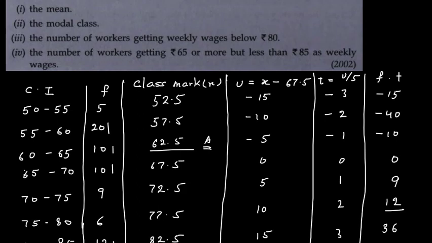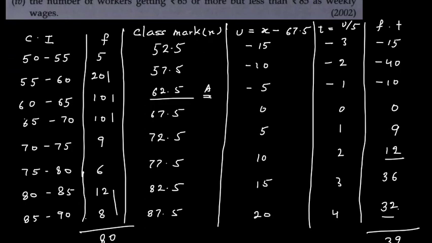The cumulative frequency which you find in front of the 75 to 80 column indicates the total number of workers who are getting less than 80 rupees salary. Okay, so first these lines what I have made here, I will rub them, otherwise it is confusing.